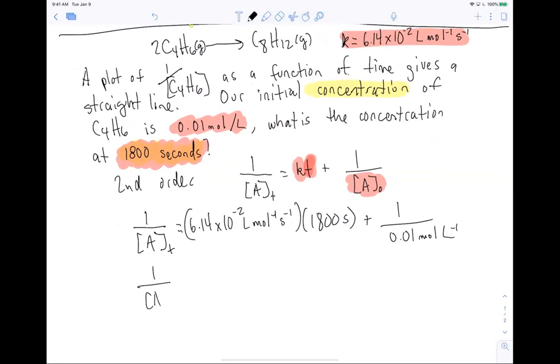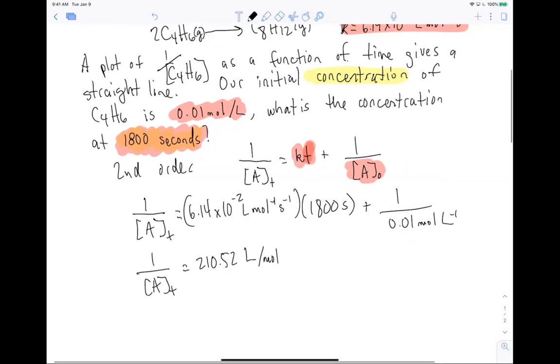So we end up with 1 over A sub t is equal to... if we did this right, we should end up with liters per mole, and then we just take the reciprocal of that.